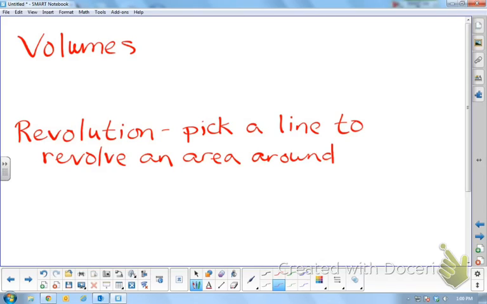They could revolve horizontally, they could revolve vertically. It doesn't matter which direction we revolve around. And we had two options. Sometimes one method was easier than the other.